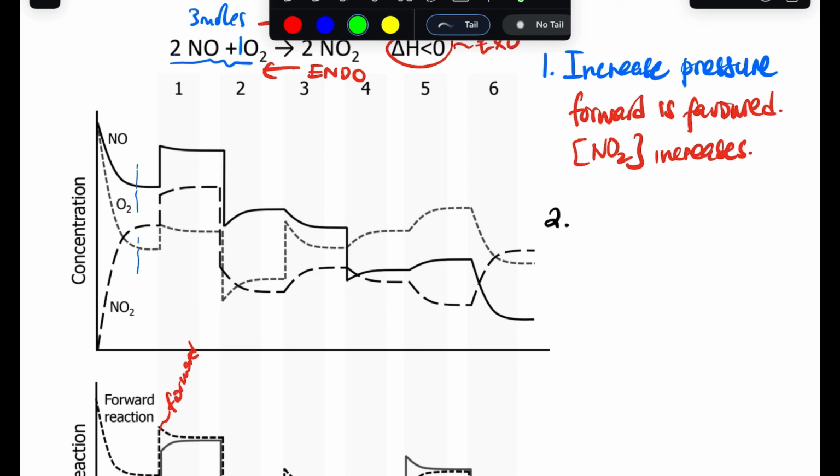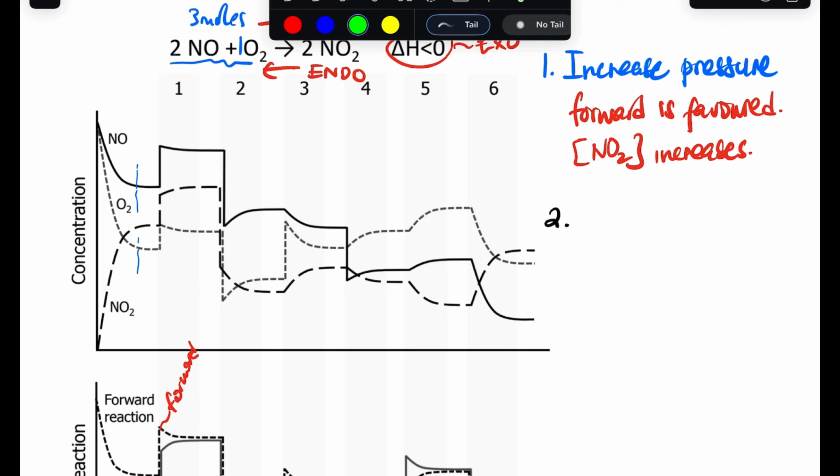At 2, let's look. The concentration of NO decreases sharply, and then the concentration of the oxygen, do you see, it has decreased. And look at the concentration of the product, it has decreased too.